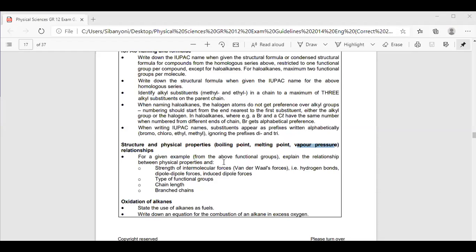Again, we must be able to identify the different types of intermolecular forces that we get in different types of organic molecules. And that is simply working with the homologous series to which they belong, or what we call the type of functional group that it has, because that is definitely going to guide you in terms of the type of intermolecular forces that a molecule will have.